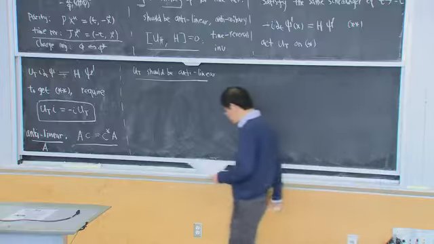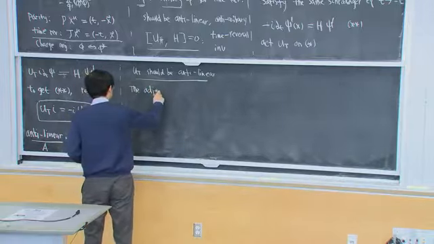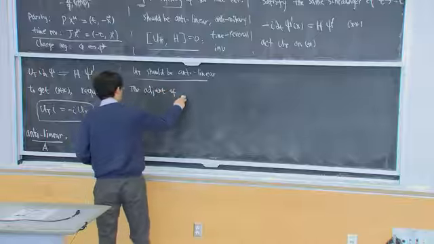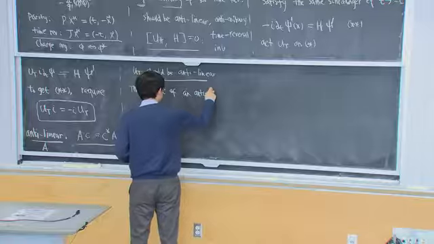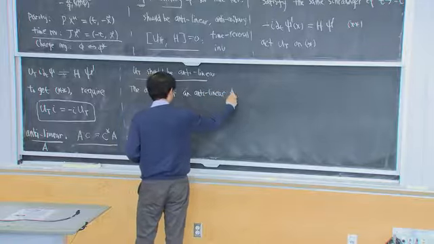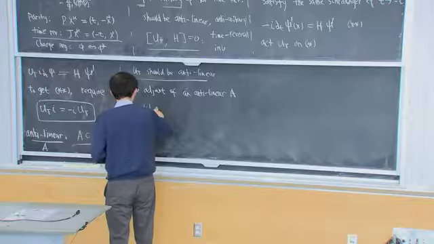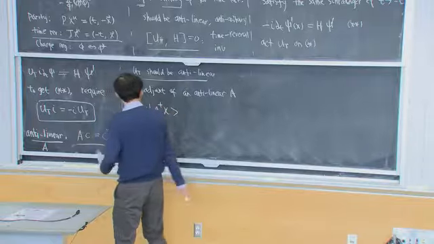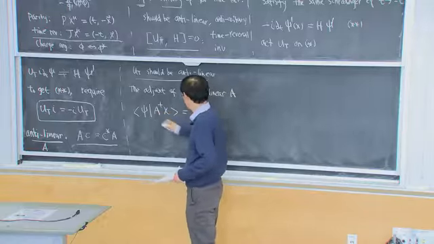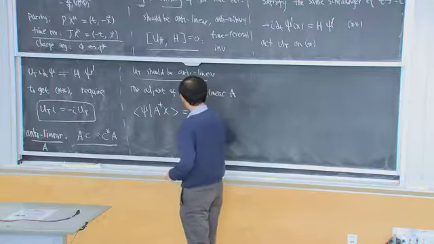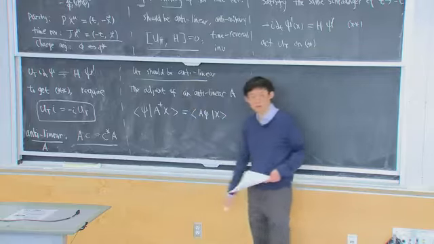So the adjoint of a linear operator A is defined as follows: if you have psi, A dagger chi, if A is an ordinary operator, then this is equal to A psi, chi. This is the standard definition.